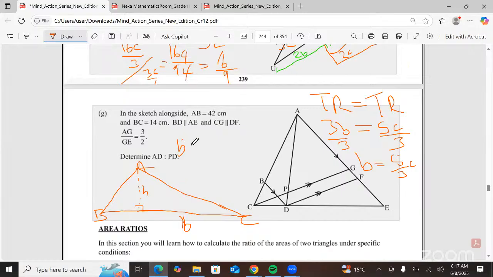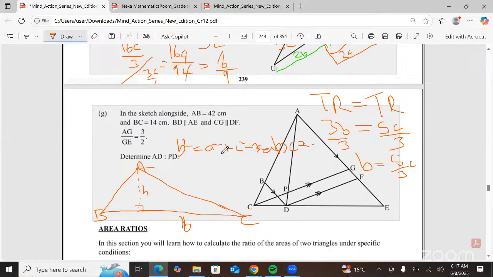You are saying b squared equals a squared plus c squared, minus 2ac, then cos of the angle. You're talking about this? Yes, sir. Oh, okay.